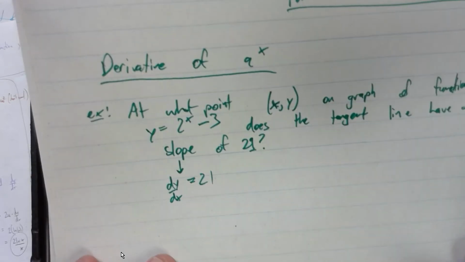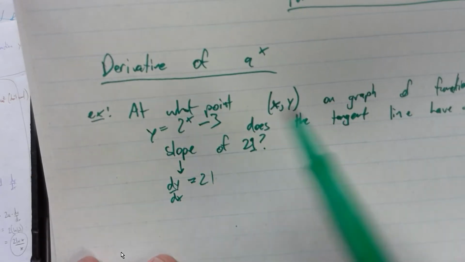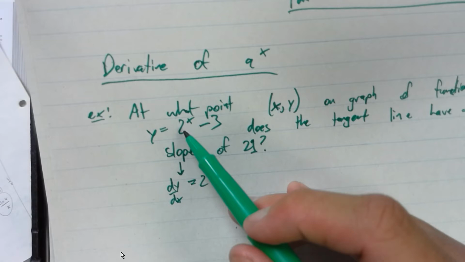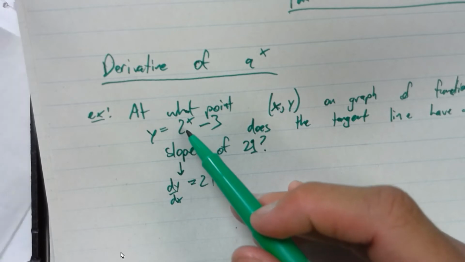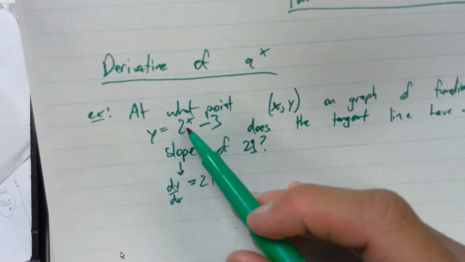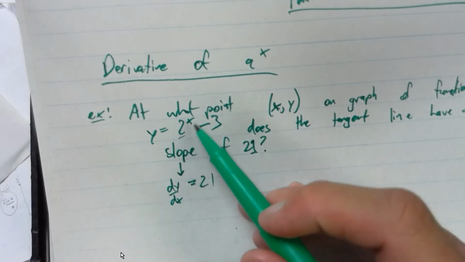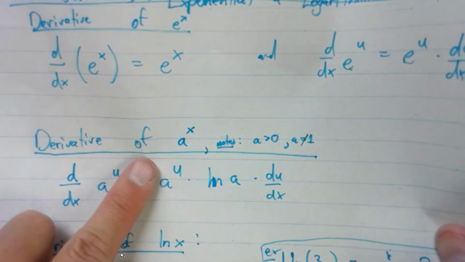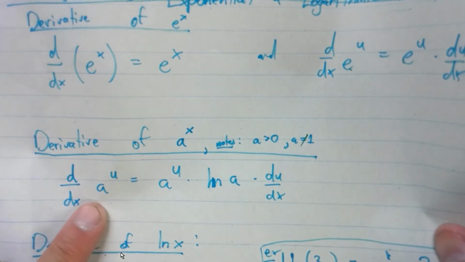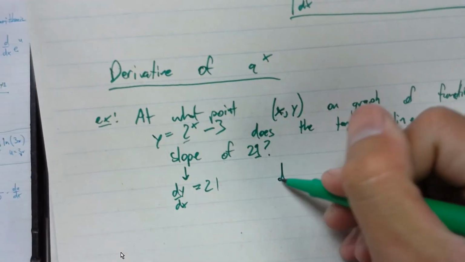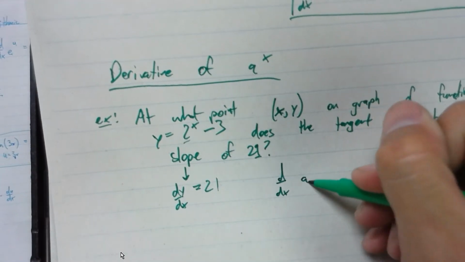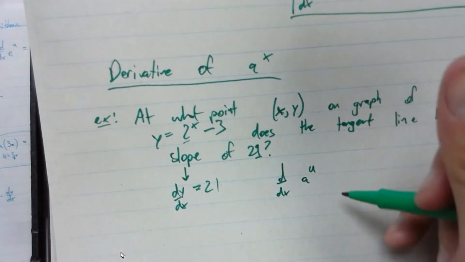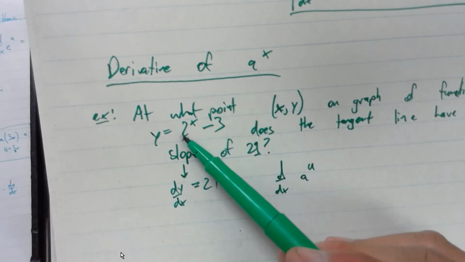Okay, so let's see how we would take care of this. If you remember back, okay, so it looks like this is an exponential function, right, that has a base that is not e. So we don't use the derivative of e to the x, but we use this guy. It's really simple. Let's copy this equation down. So I would say the derivative of a to the u, in this case, a is right there, and then to the power of u.